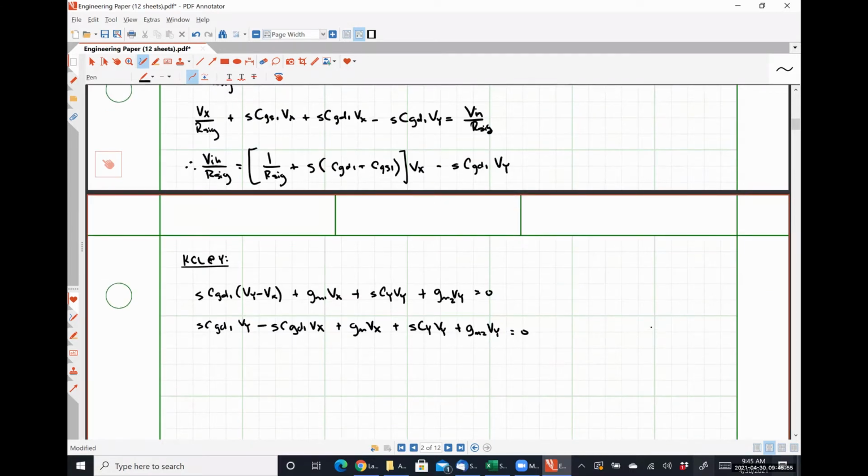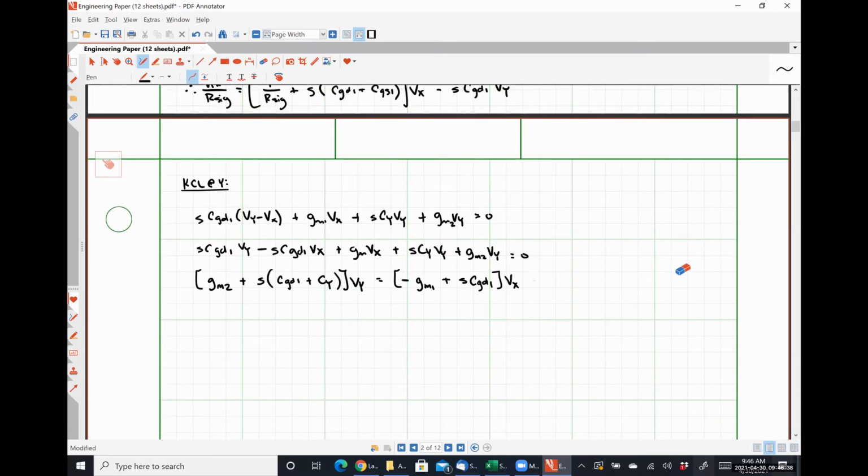Grouping like terms together, we have (GM2 plus S(CGD1 plus CY)) times Vy is equal to negative (GM1 plus S CGD1) Vx. Excuse me, there shouldn't be another equal sign there.